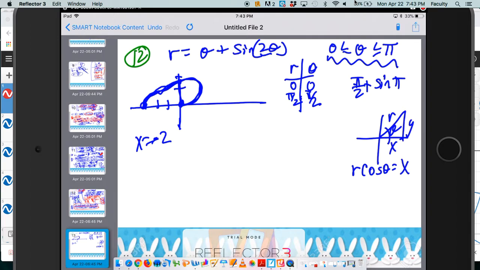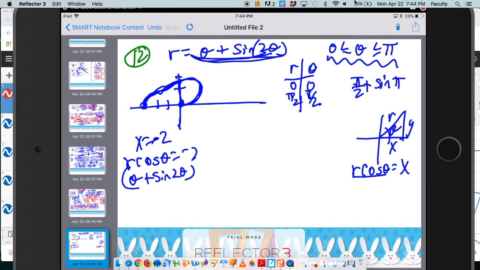So where x equals -2, I'm going to have x is r cosine theta to get into polar coordinates. And so now I know r. I can sub it in as theta plus sine 2 theta times cosine theta. And I want to know where that equals -2.